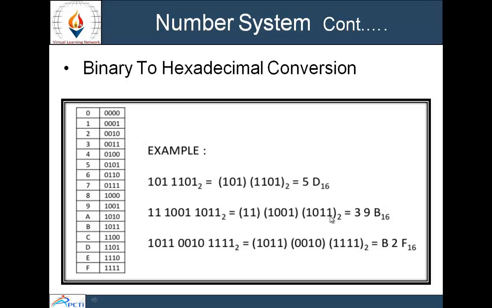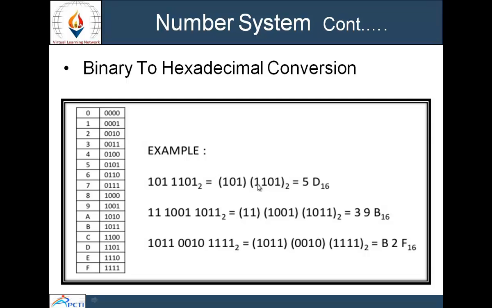Now in the next example, you can also see we create a set of 4 digits, and you can also add zeros at the left of the last digits if you don't have enough digits to make a set. Then after making the pair, we have to write down the corresponding digit or corresponding alphabet for these 4 digit pair.